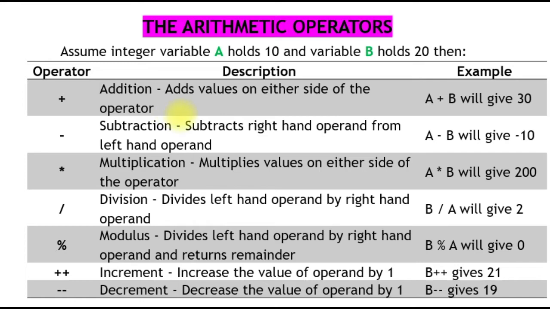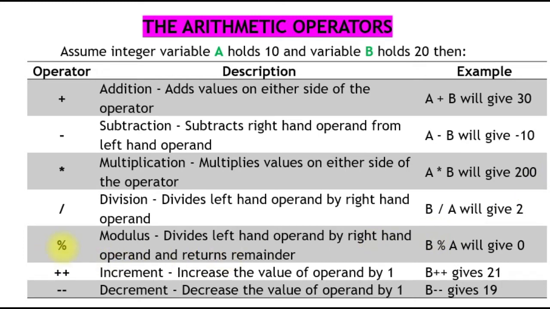So, hindi na po natin itatalakay ang addition, subtraction, multiplication, and division kasi alam na ninyo yan. So, proceed tayo sa modulo, increment, and decrement. So, modulo is divides left-hand operand by right-hand operand and returns remainder.